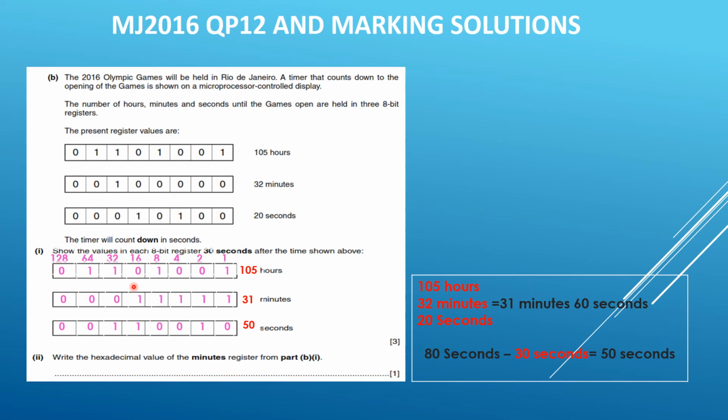Now the second part asks us to write the decimal value of the minutes register from part B in part 1. The value of minute was 31.